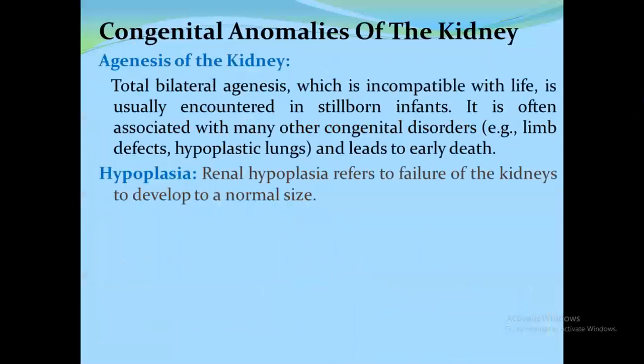First, let's discuss the congenital anomalies of kidney. We have agenesis of kidney, which is a complete and bilateral absence of kidneys on both sides. This is incompatible with life and is encountered as a stillborn, meaning the baby is born dead, or early death, a short period after birth.